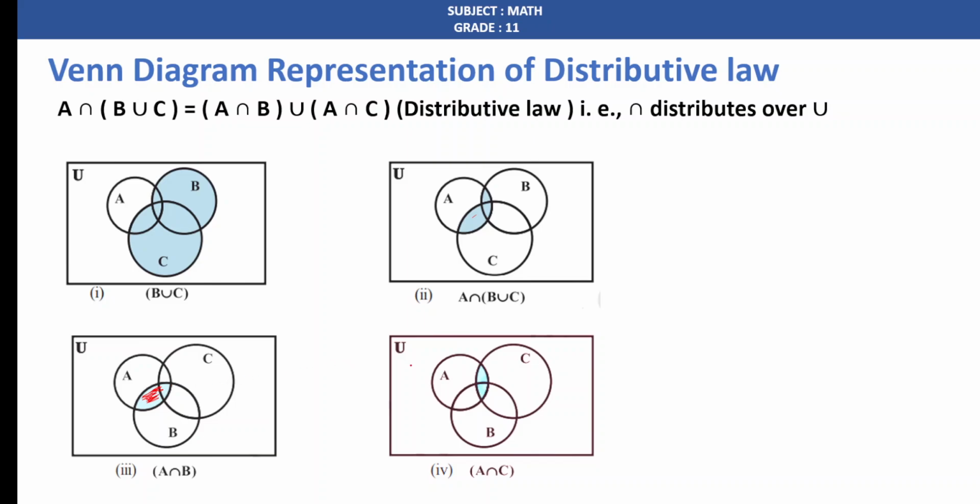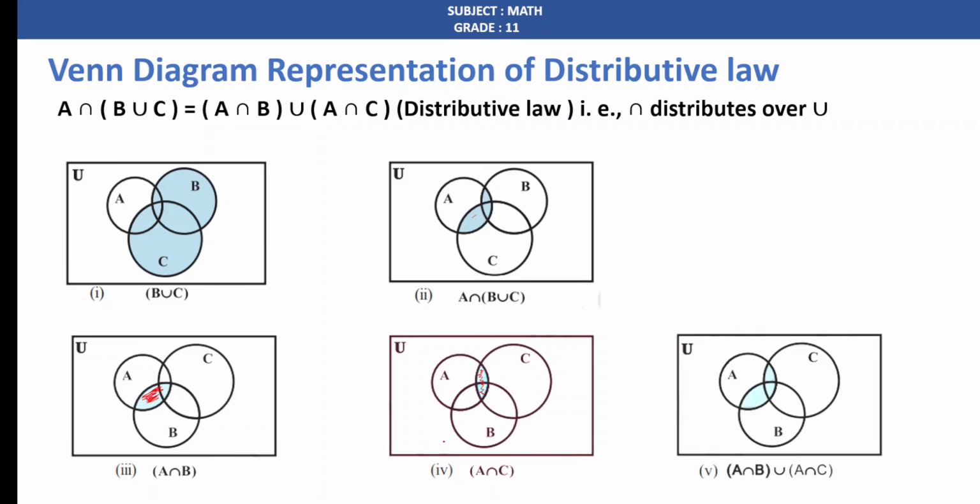The second one here, A intersection C, is what is common for A and C. This is A intersection C. Then A intersection B union A intersection C is what is common for A and B as well as what is common for A and C. So if we observe here, A intersection B union C is equal to A intersection B union A intersection C. From these two diagrams, this is equal. This is called distributive law.